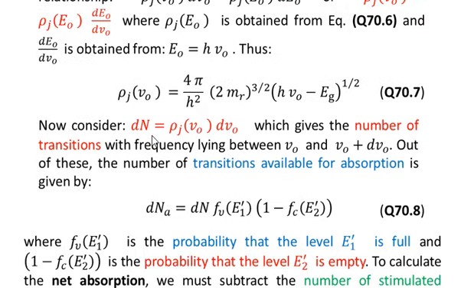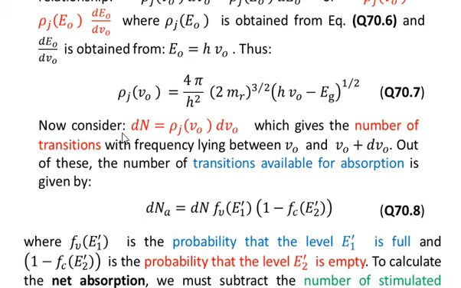Now consider dn is equal to rho j of nu naught multiplied by d nu naught. What we call this is the number of transitions with the frequency lying between nu naught and nu naught plus d nu naught.